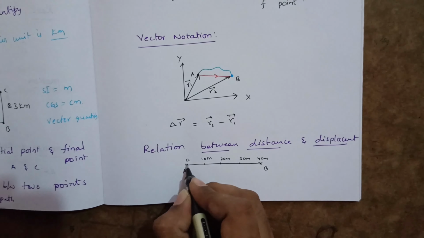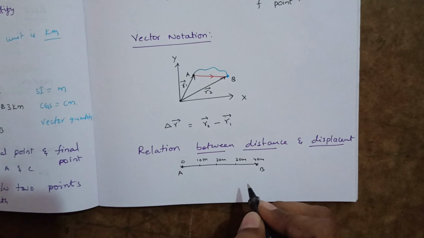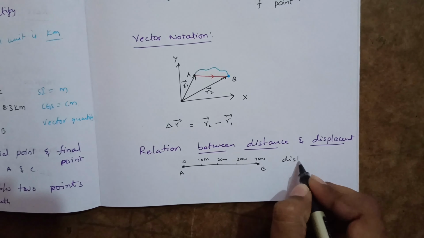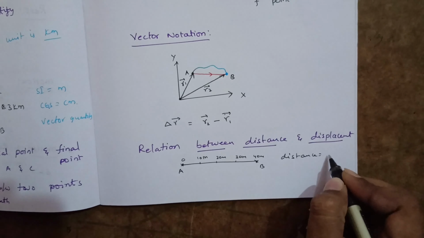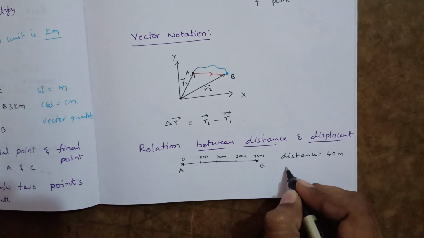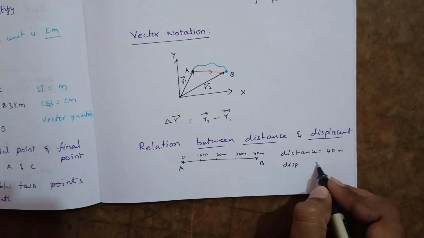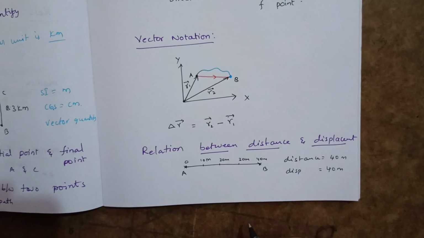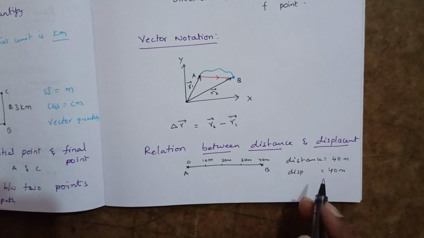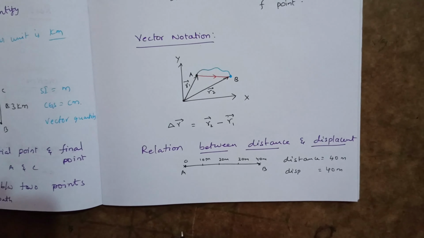From A to B, the distance equals 40 meters and the displacement is also 40 meters. It is a straight path, so in this case distance is equal to displacement.